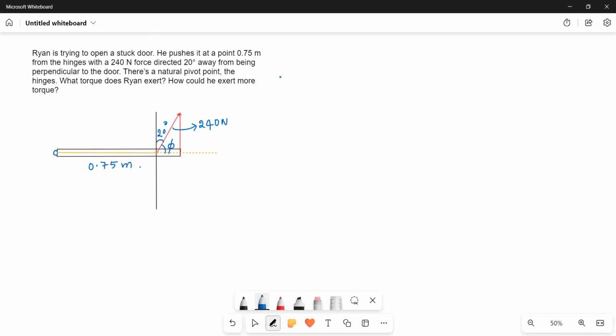Now we have F bar equal to 240 newtons, R bar equal to 0.75 meters, and phi equal to 90 minus 20, which is 70 degrees.